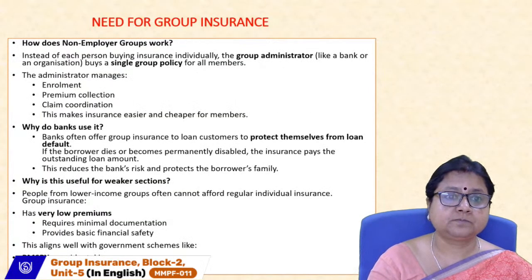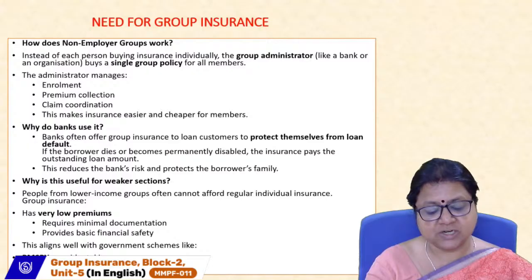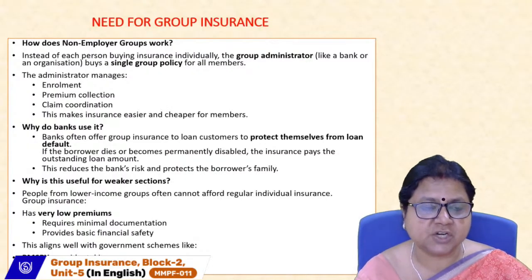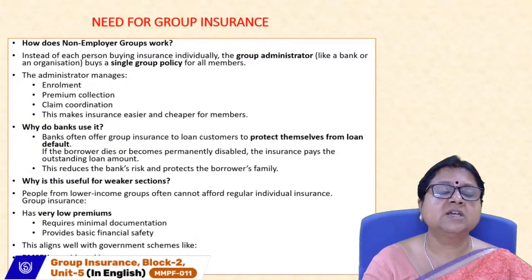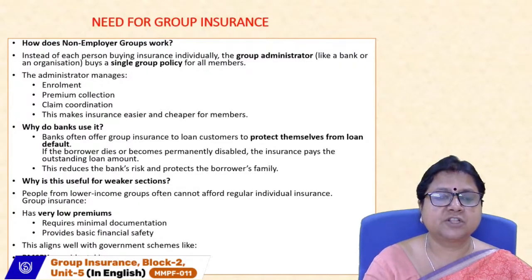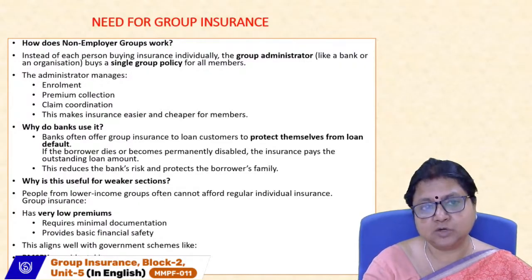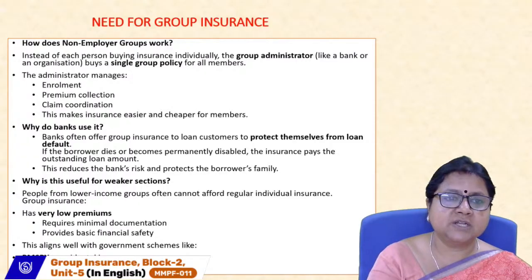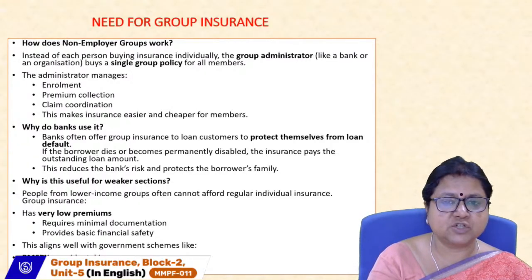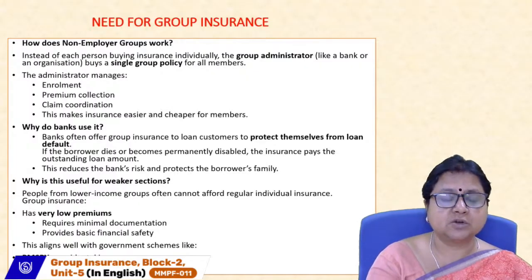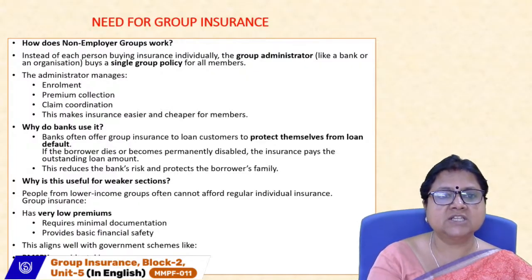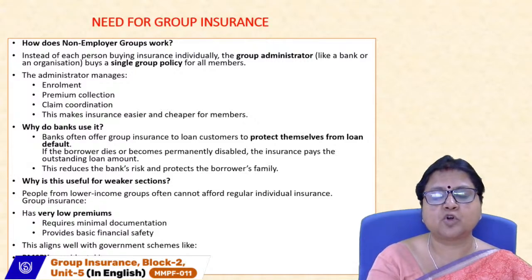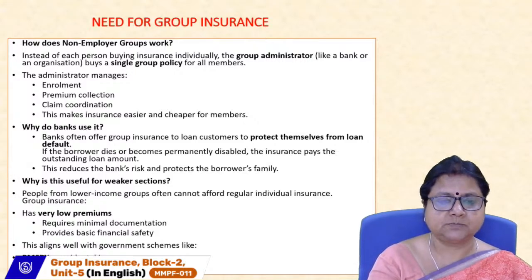But who will actually avail it, since there is no organization? In this case, an individual person is not buying the insurance, but the group administrator is buying a single group policy for all the members.